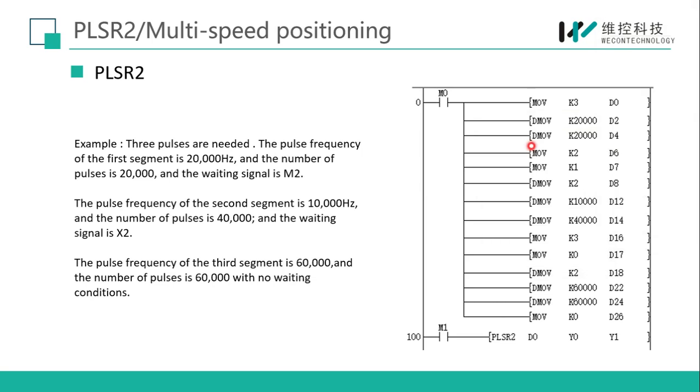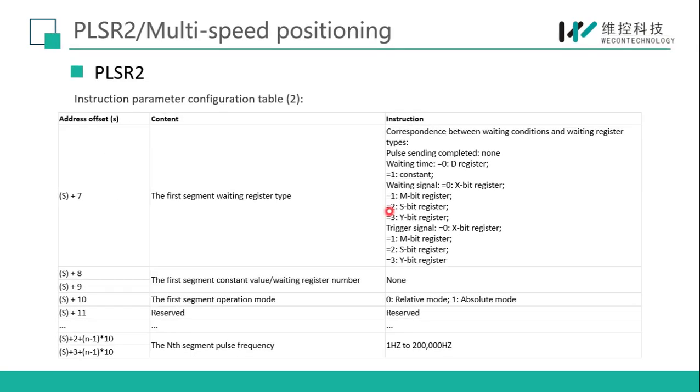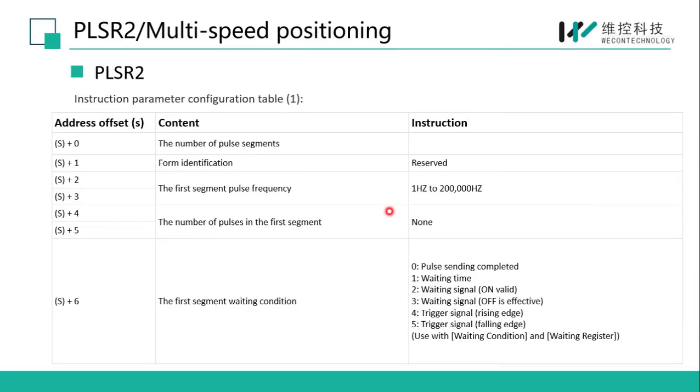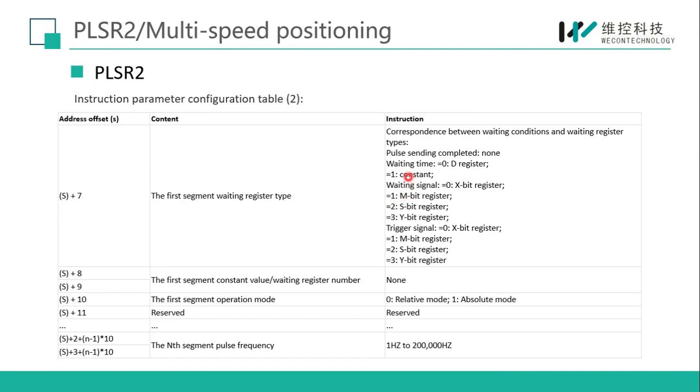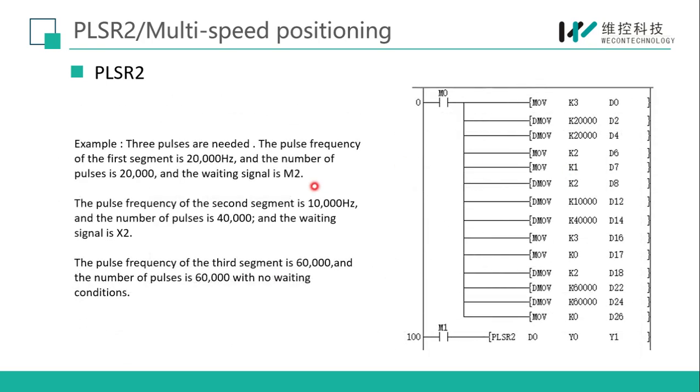So here we focus on D7 is 1, D8 is 2. So let's move back. D7 is 1, so the signal register is from register M, and the register number is 2, so it's M2 here.